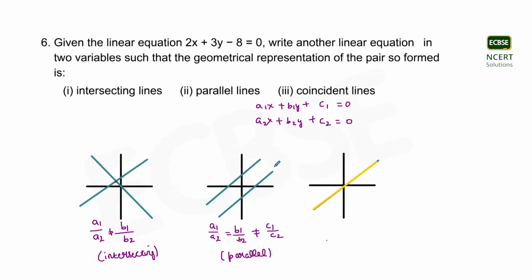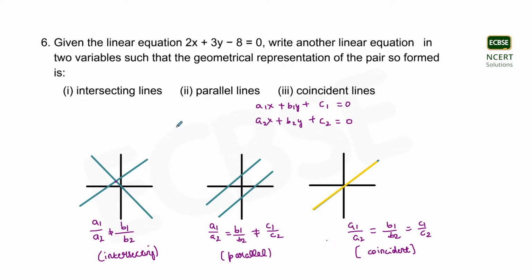In this case, the condition on the coefficients is that a1 by a2 is equal to b1 by b2 is equal to c1 by c2. So if a1 by a2 is equal to b1 by b2 is equal to c1 by c2, then such lines will be coincident lines, that is, one line above the other.